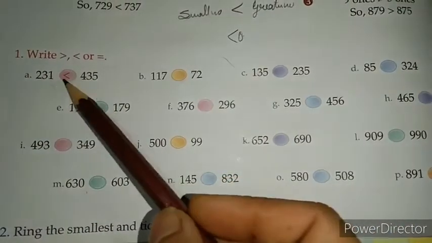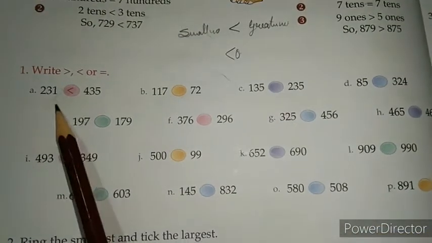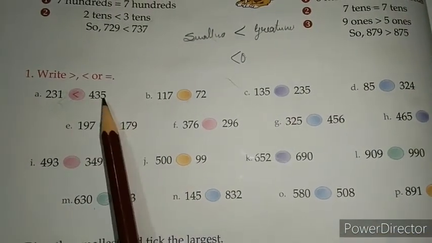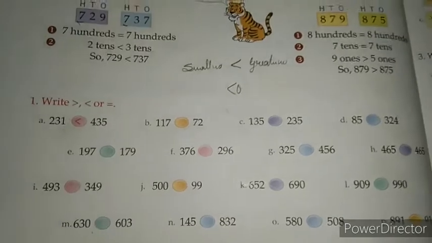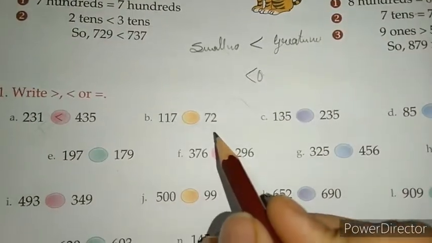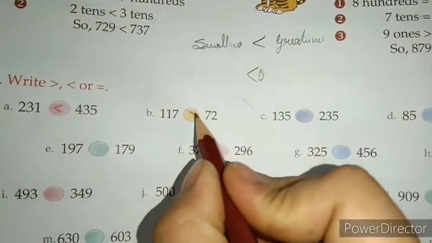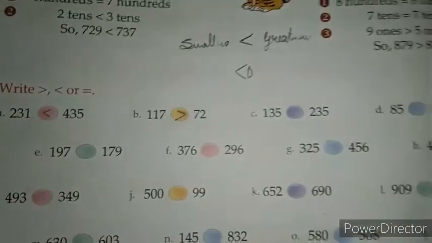Here 231 and 435, then 231 is smaller than 435, so we write this sign. Here 117 and 72, then 117 is greater than 72, then we will write this sign.